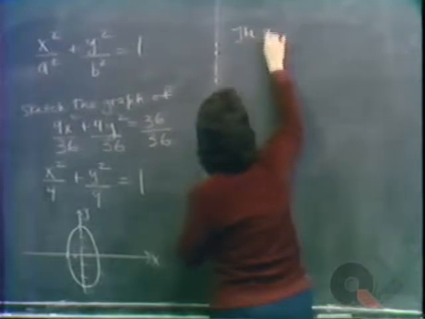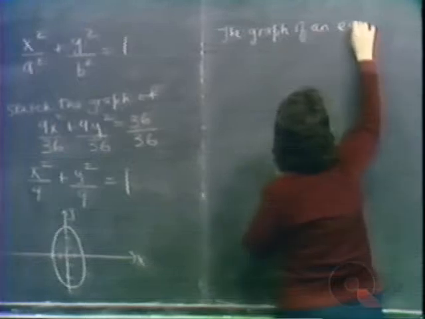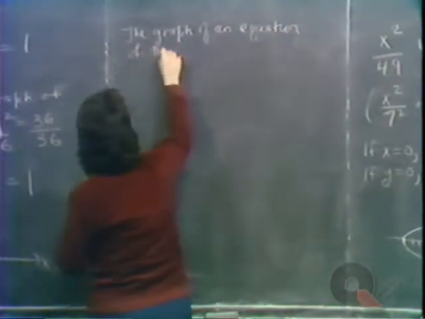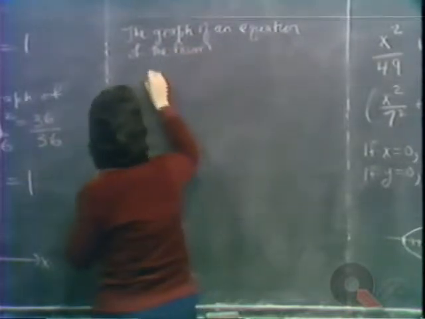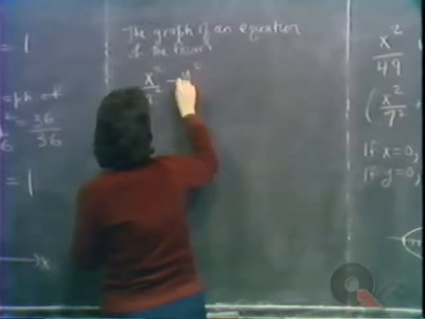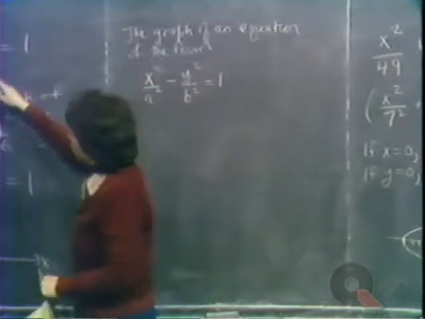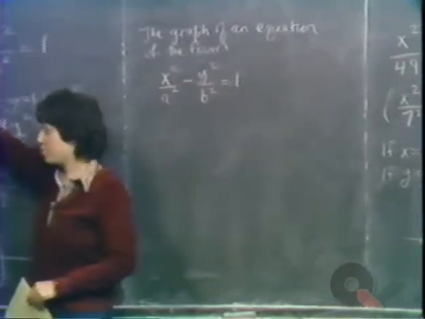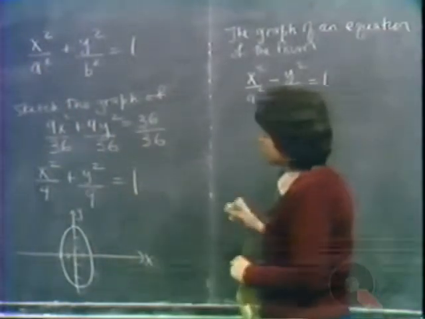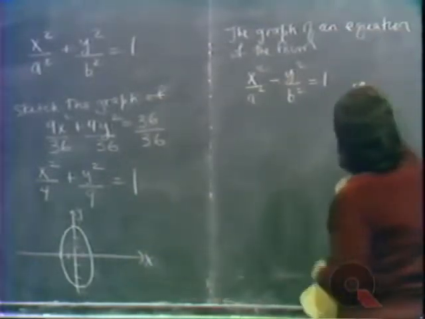The graph of an equation of the form x squared over a squared minus y squared over b squared equals 1. There's also another hyperbola if this plus is replaced by a minus, so you'd have minus x squared over a squared plus y squared over b squared, but generally we write it the other way around.